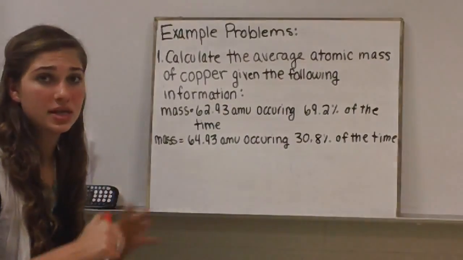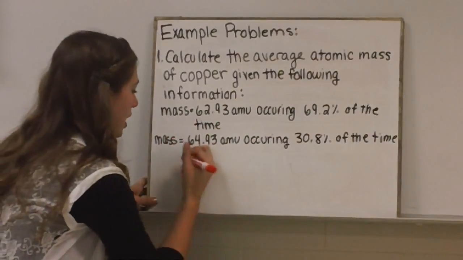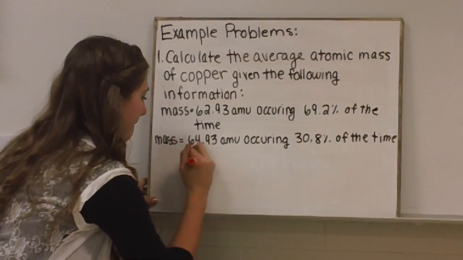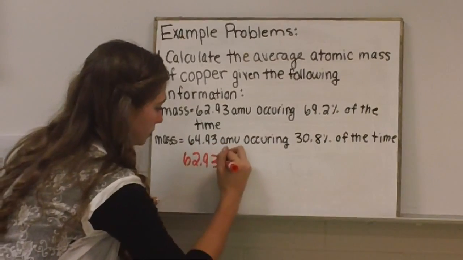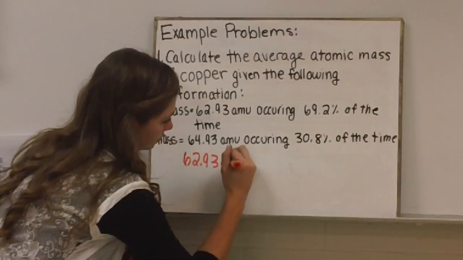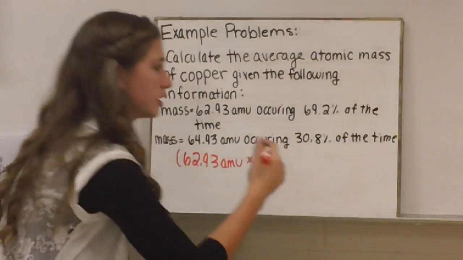Following what we did in the previous example, we're going to want to have our mass and multiply it by how often it occurs.